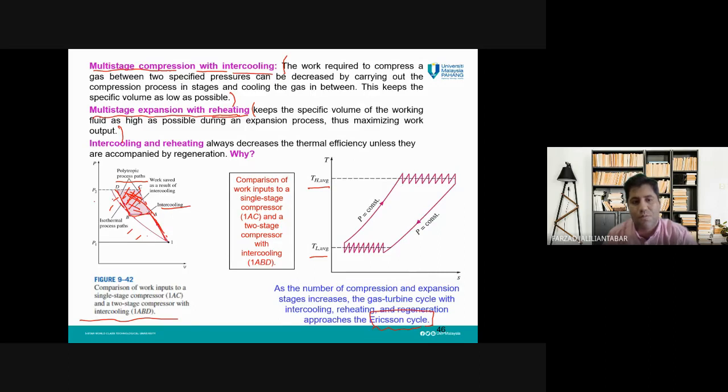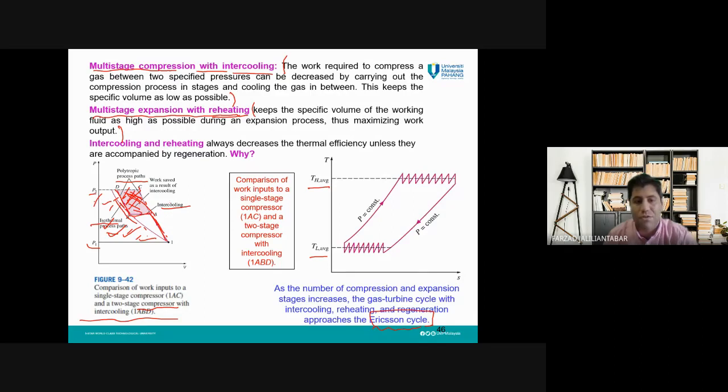Then for the work input, imagine this is a compression process in a compressor. Pressure here P1 is increased to P2. If it is an isothermal process, the required work is much less.